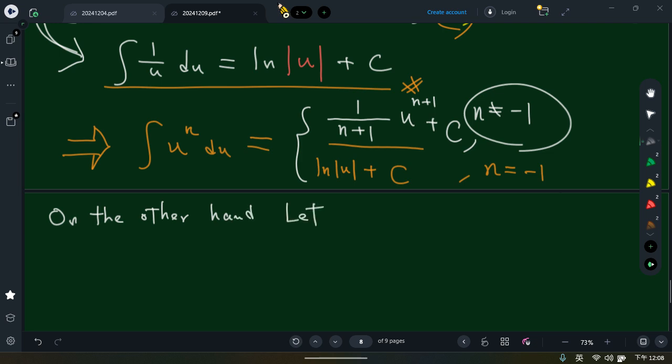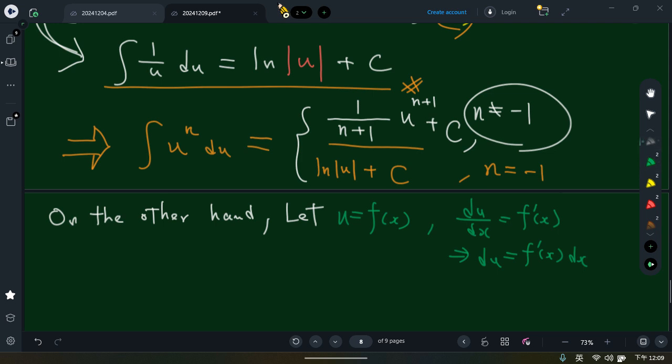So on the other hand, we just let u be equal to f of x, then du over dx is f prime x. So we can have du is equal to f prime x times dx.